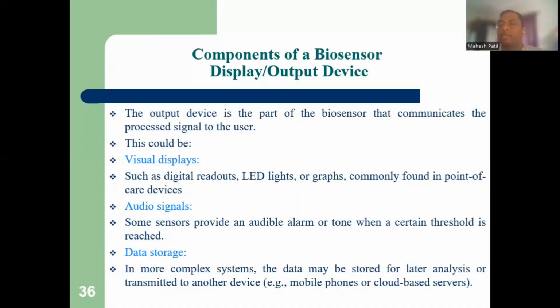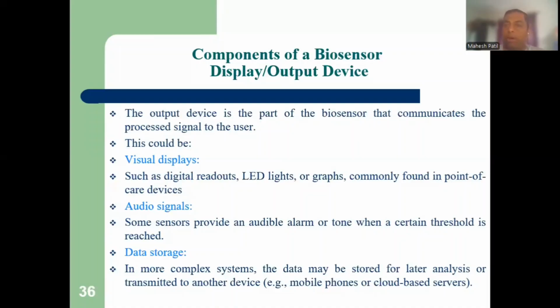In the majority of cases, whatever output I get from the transducer and signal processing end, I need to present to the user so that they may check the output and understand it for whatever action they want to take.